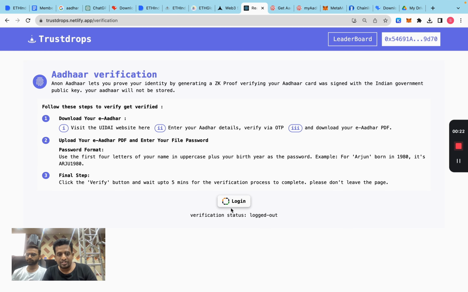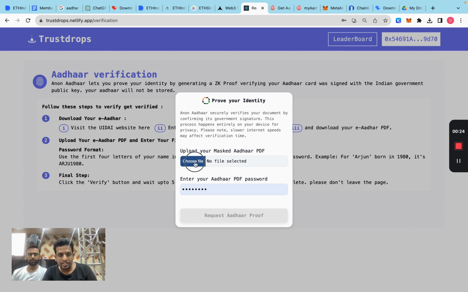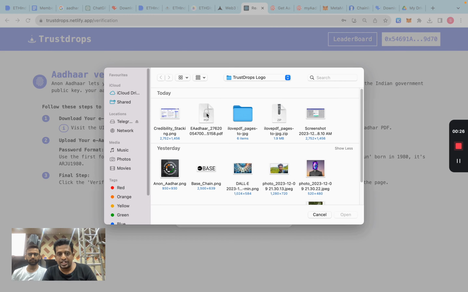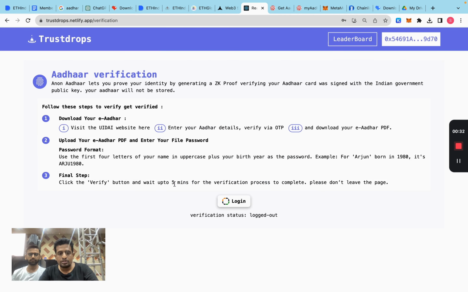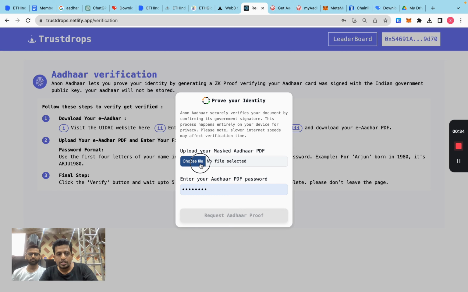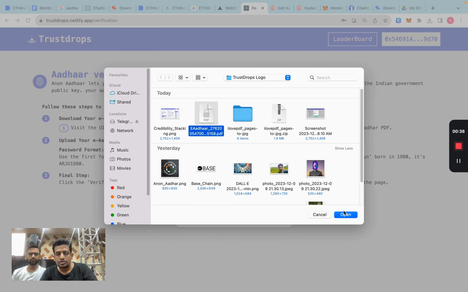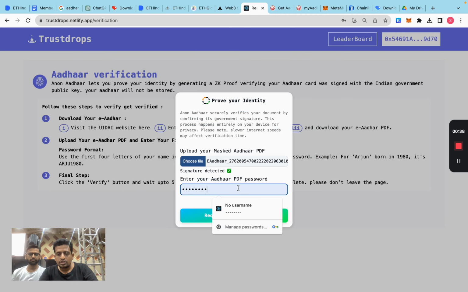So let's just try this. Let me try out Anon Aadhaar. I choose the Aadhaar card I already downloaded. Then I enter my password. I'm so sorry. Yeah, so I request my Aadhaar proof.